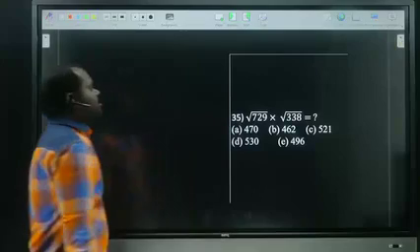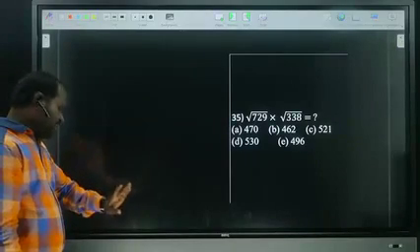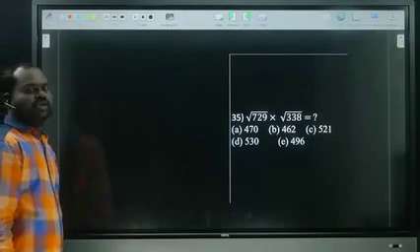Now, under root of 729 into under root of 338.